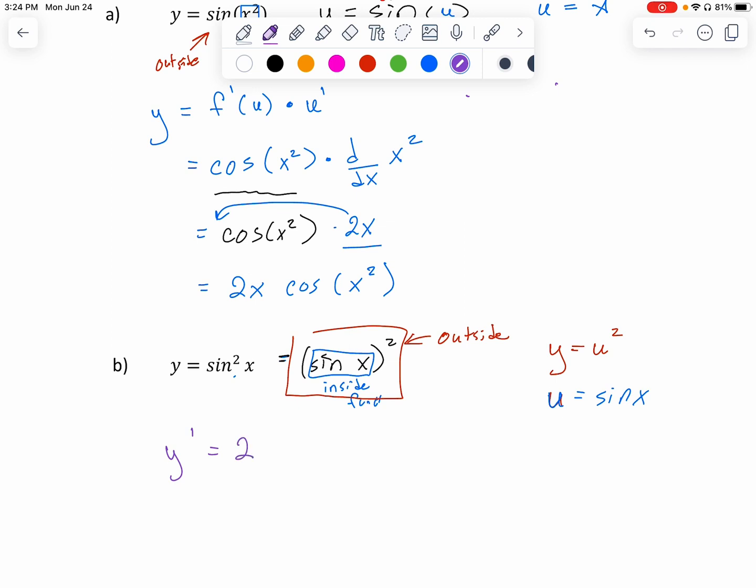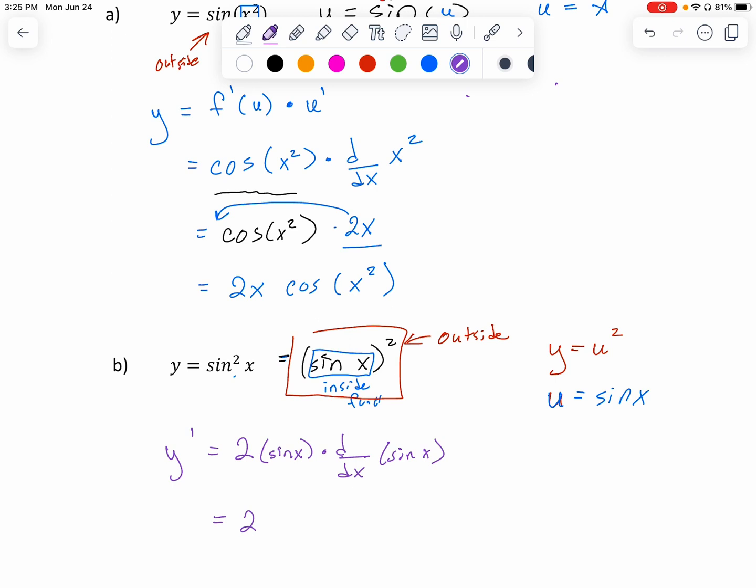2 times the variable, and then we subtract 1 from 2 and we get 1. So just 2 times the variable. And in this case, the variable is sine of x. So I don't touch that g function, that inside function. I just keep it there and just do the derivative of the outside function. And then I'm going to multiply by the derivative of the inside function.